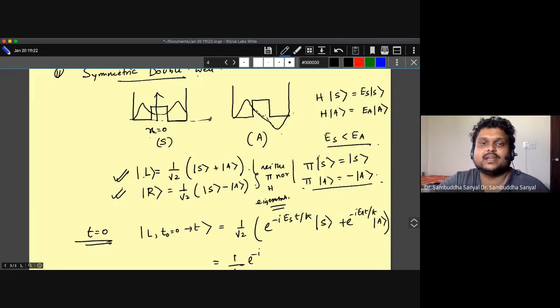Of course, there is no guarantee that if you make a state, that state will be an eigenstate of your favorite Hamiltonian. It is an arbitrary state, so most likely it will evolve in time. That is why we are choosing an arbitrary linear combination. It could be any other combination, but here I am choosing this combination to show you something.